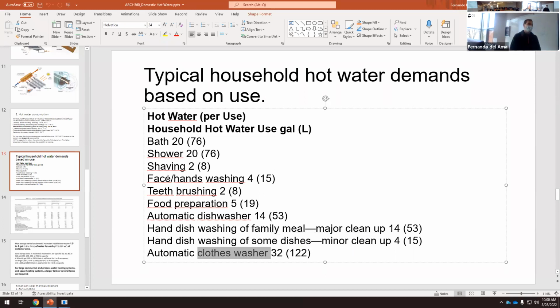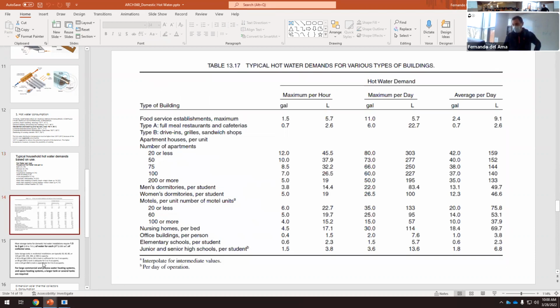In restaurants, probably we will need a lot of hot water, but it depends. We are going to work with single family houses, and what's the amount of hot water that we need per day? Here we have another table.